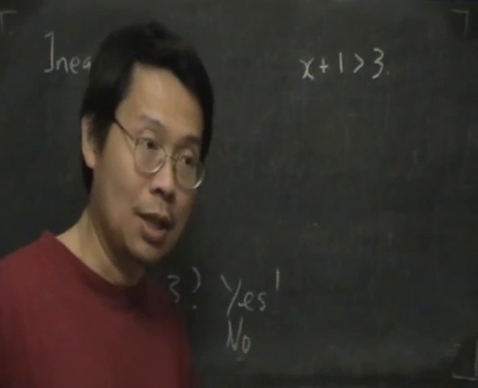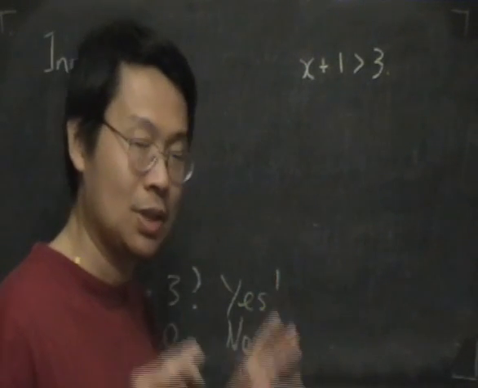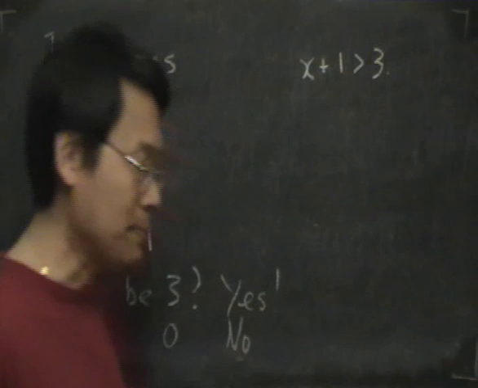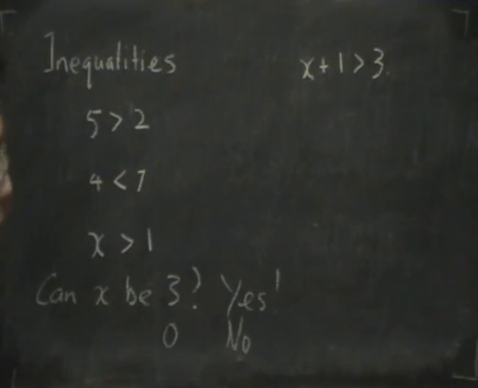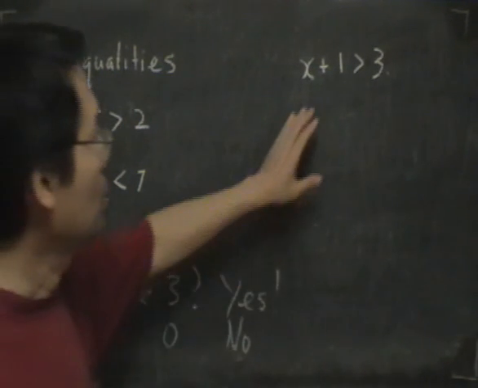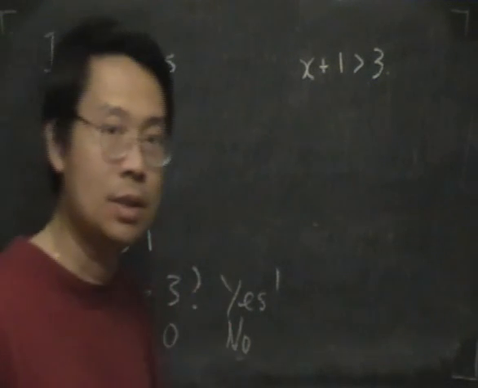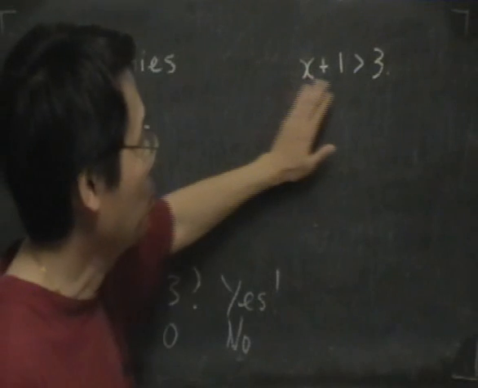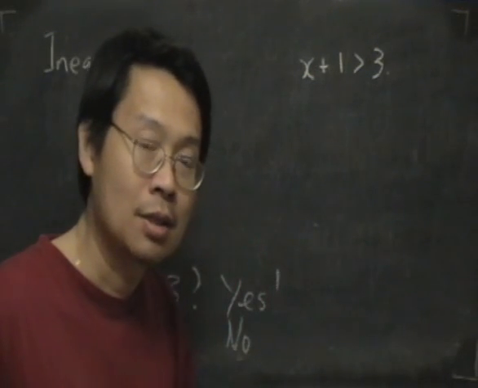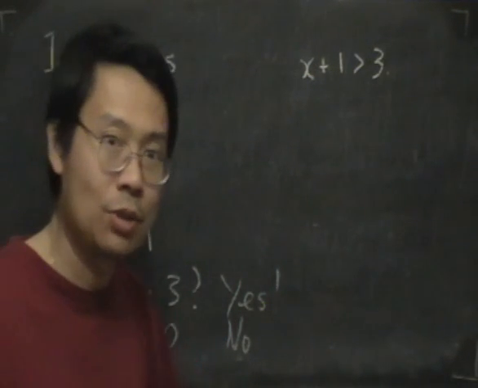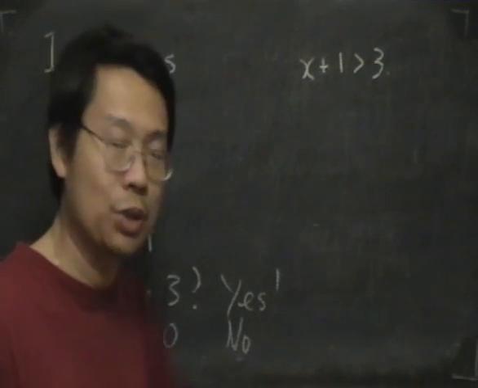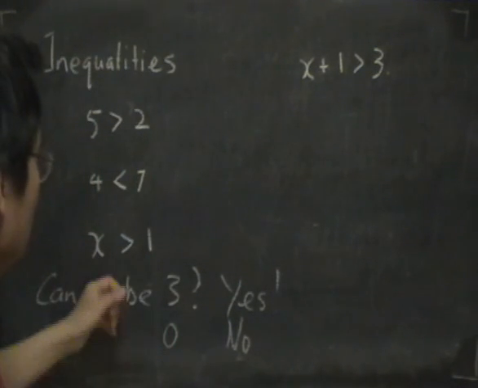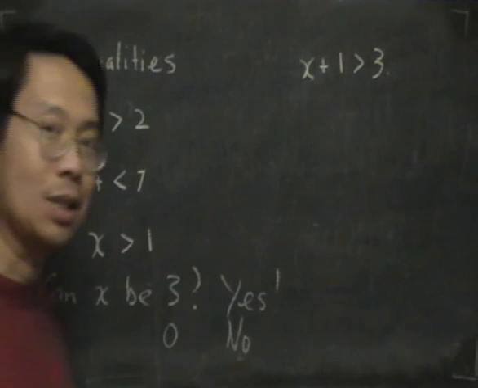There is a more standard, more systematic way. And the idea is to somehow rearrange this like the kind of things we do in algebra. We can rearrange equations so that we have only x on one side.